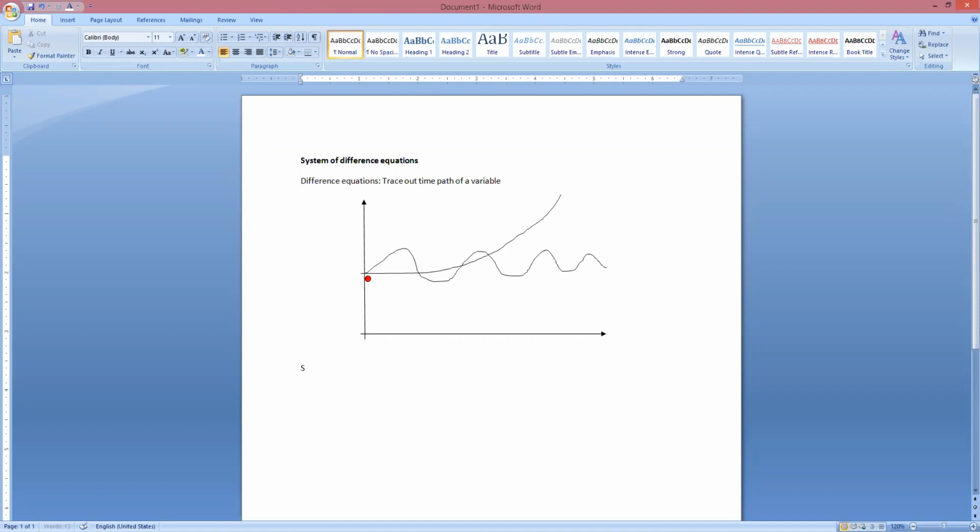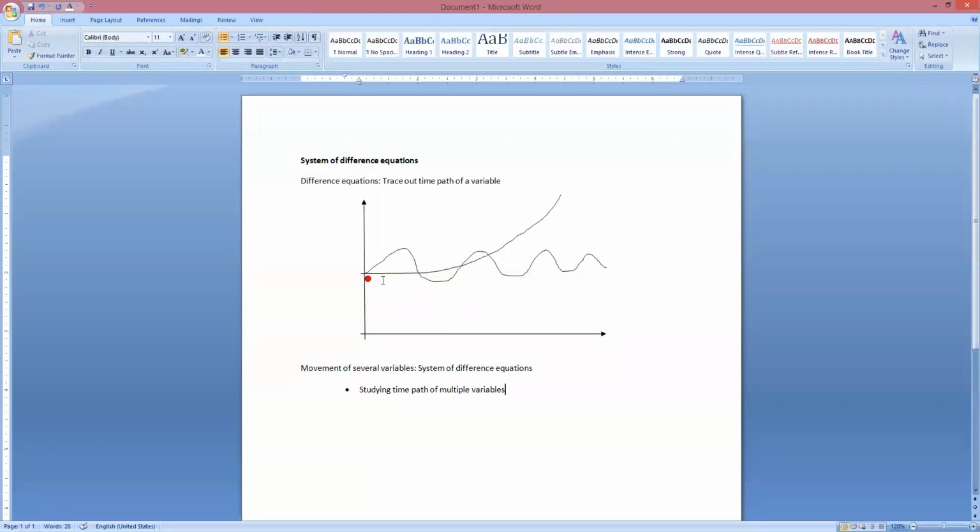Now, if you want to study movement of several variables, then we have to set up a system of difference equations. So this has two characteristics. One is we are studying the time path of multiple variables.